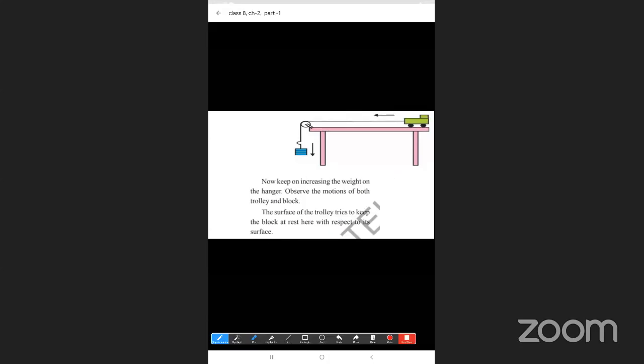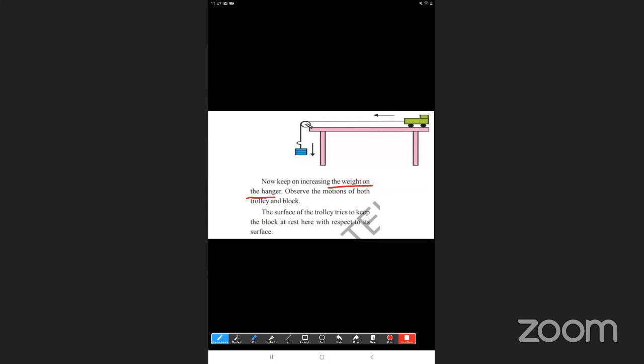So here, keep on increasing the weight on the hanger. We have to observe the motions of both the trolley and the block. Here, the surface of the trolley tries to keep the block at rest.